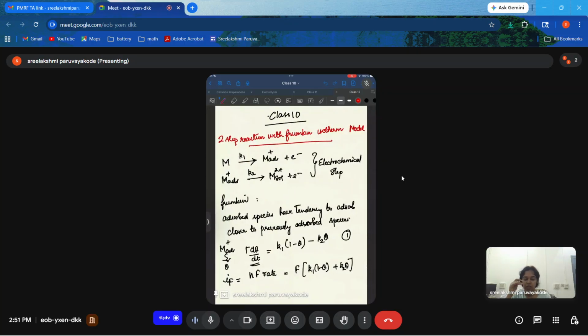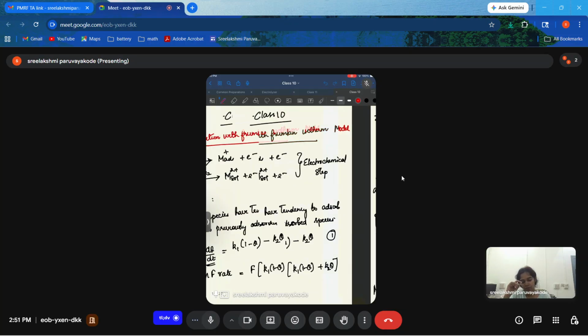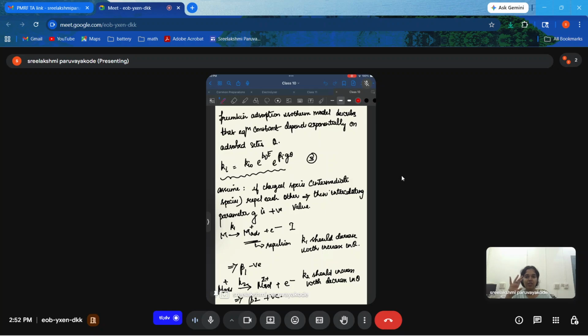In class 10, we looked into the Frumkin-Isenberg model, where we say that the adsorption of species is related to the previously adsorbed species. So the new species have the tendency to get adsorbed to those species which were previously adsorbed. That means some sites have higher affinity.